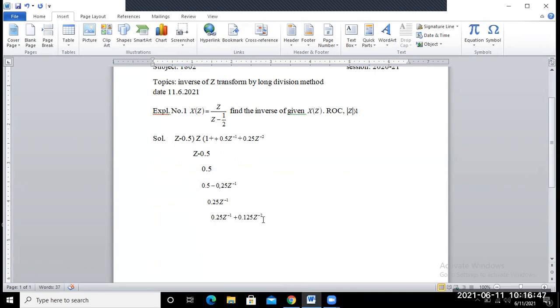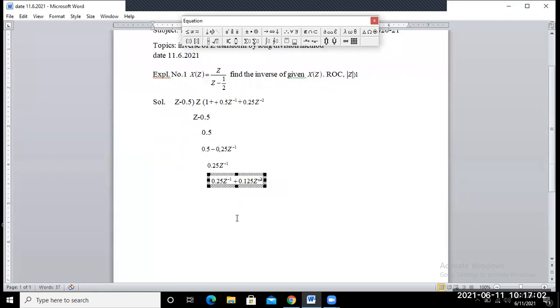Okay, so you subtract, so this one will become 0. Minus, this one is your minus. This one is your minus.